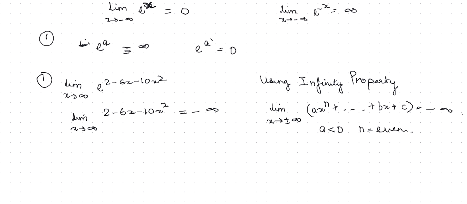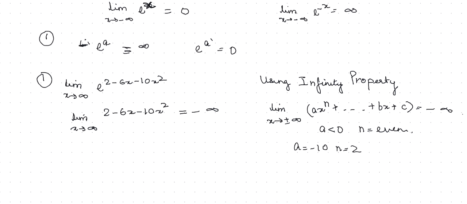So here it is minus 10 and x^2. Here a is negative 10 and n is 2.